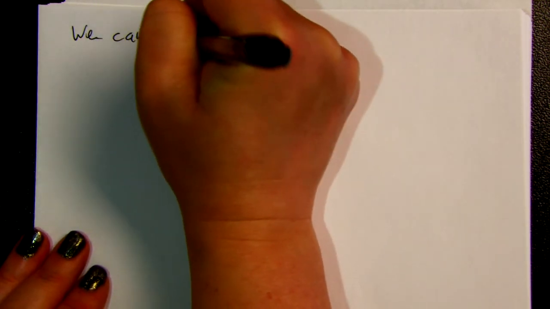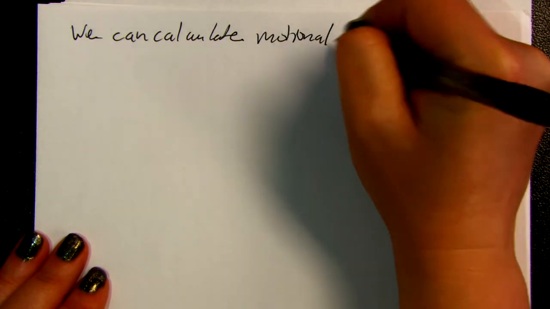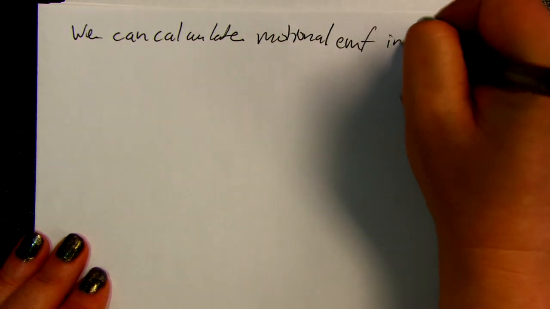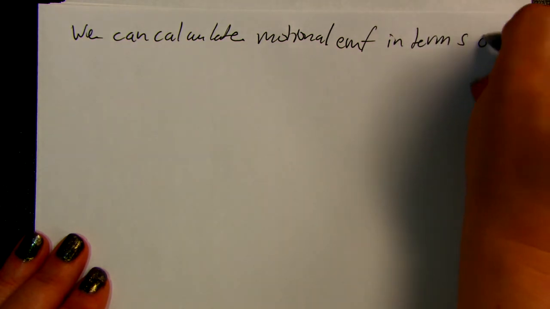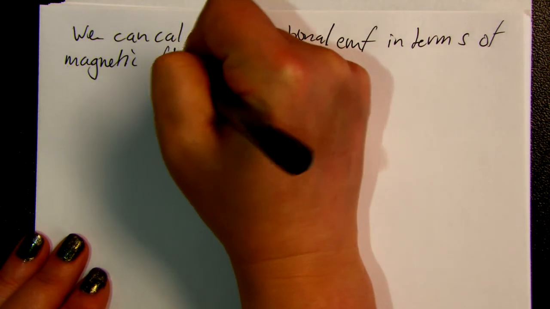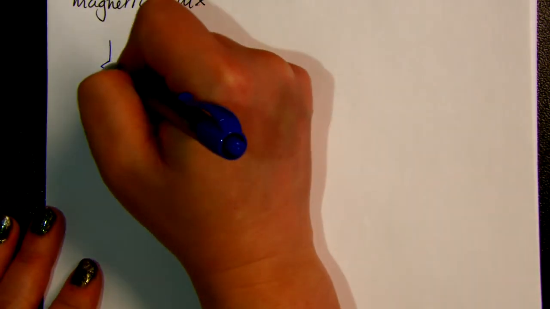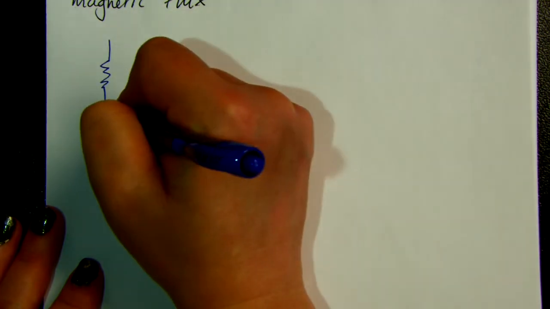So we can calculate motional EMF in terms of magnetic flux. So let's build our little picture again. Get some pretty colors going. So we've got our resistance right here, and let's just leave this all in blue.